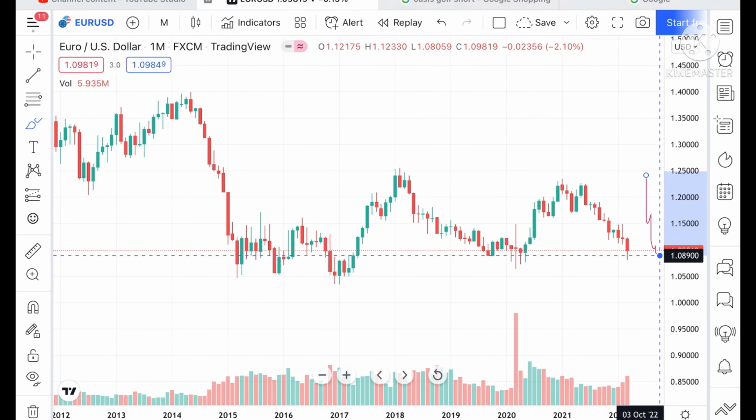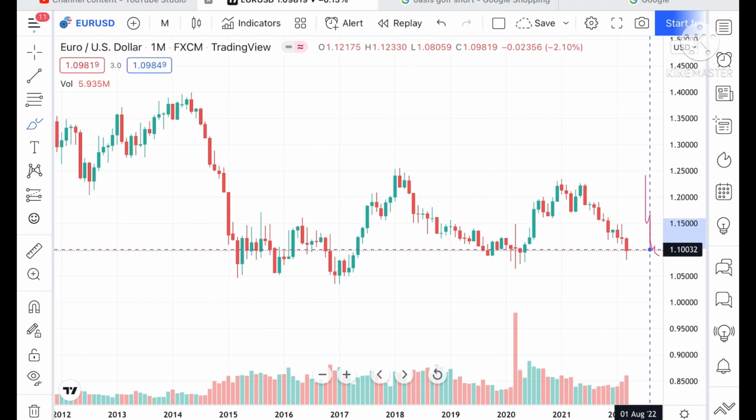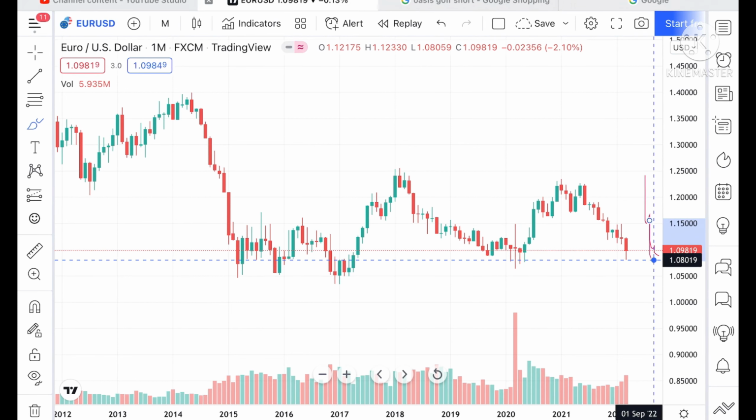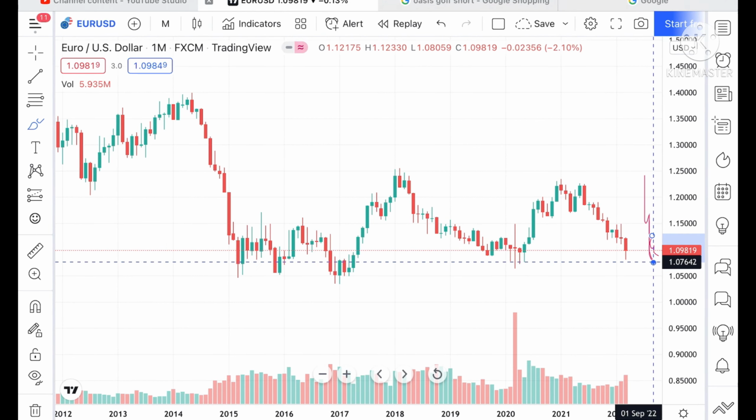then we can see it can touch a level of 1.08900, and from there it can move further low towards a level of 1.07642. Suppose the price goes below this level, then it can move further low towards a level of 1.06635.